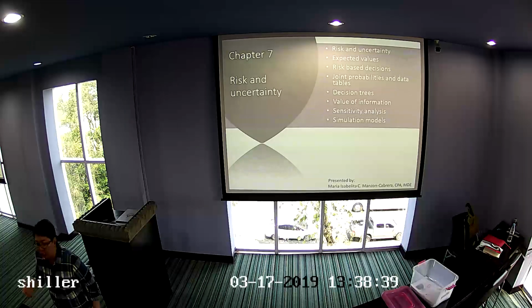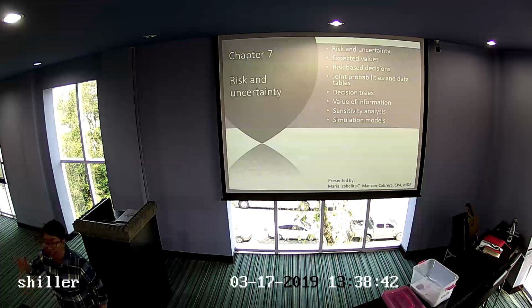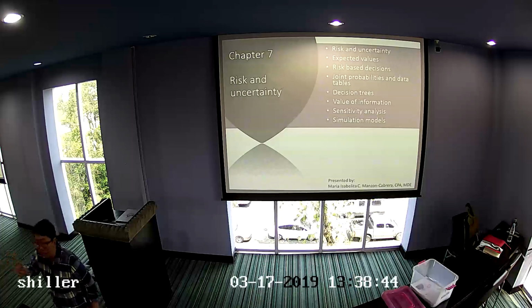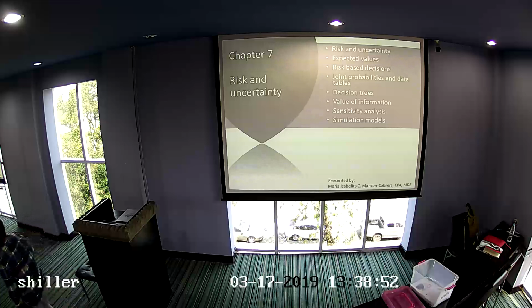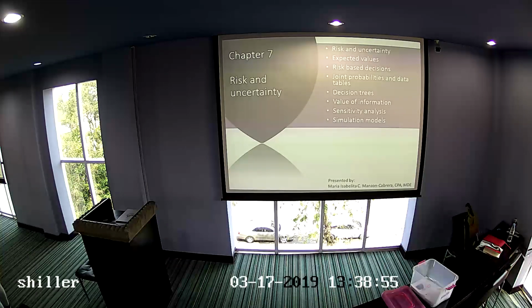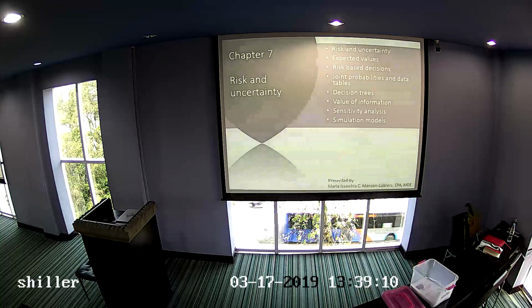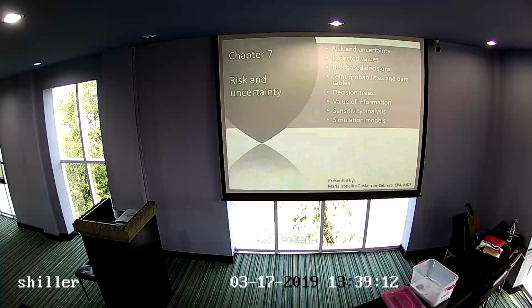So, even if there are certain things that are uncertain in the future, they want to have some indicators to make a decision. So in this chapter, we will look at techniques that will reduce the risk, that we cannot eliminate, but reduce the risk, or make the uncertainty a little bit less uncertain, if you know what I mean. In other words, at least have some indicator of what could happen in the future.